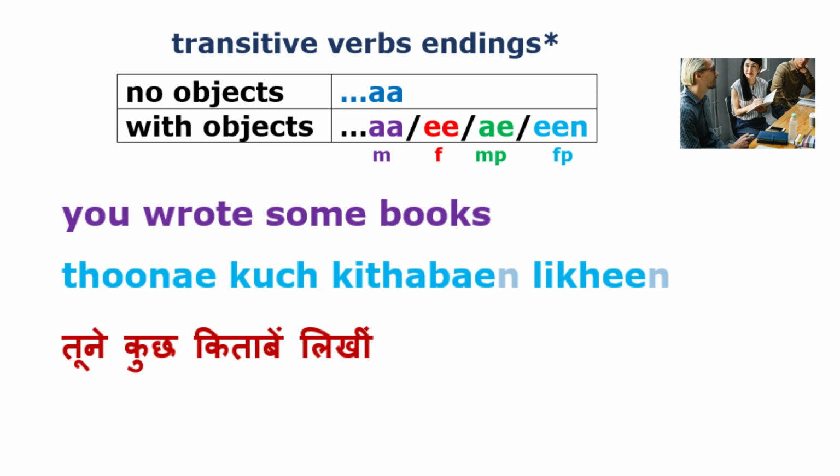But in this case she's using tu, or he's using tu, because they know each other quite well. तूने कुछ किताबें लिखी. You wrote some books. Because it's किताबें, it's लिखी. I think I'm talking very, very slowly, so when you learn, you can understand it better. But if you feel that I should talk a little faster, please let me know in the comments.